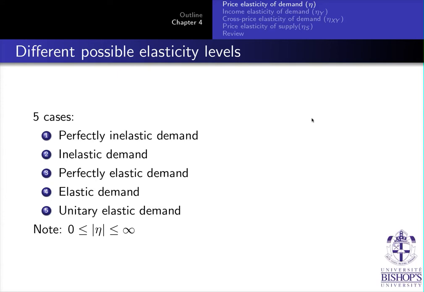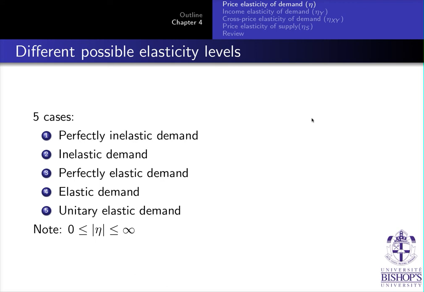We have seen so far the use behind elasticity. We have also seen how to calculate a simple example of elasticity, price elasticity of demand. And now we want to figure out what it actually means to obtain a price elasticity of demand equal to 2, equal to 3, equal to 0.5, equal to 0, equal to 100.